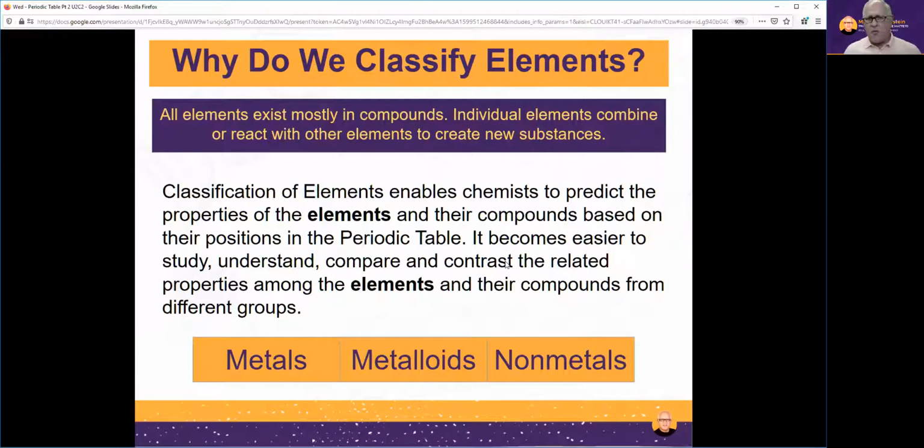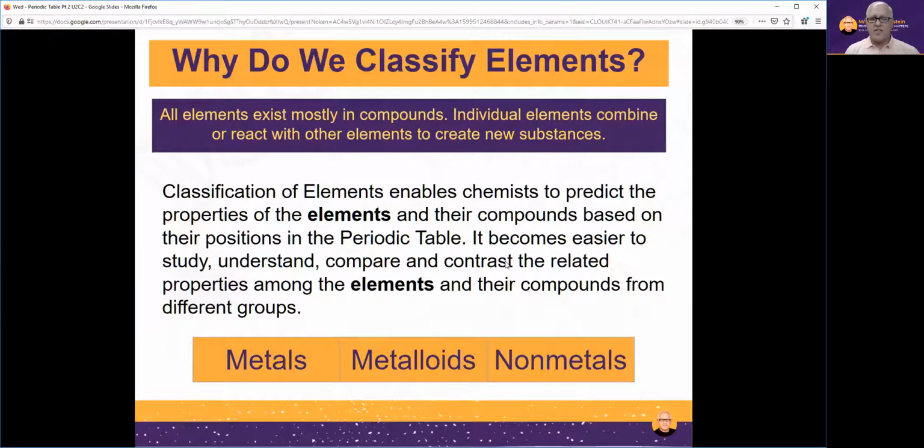So first, why do we have to classify elements? Well, all elements exist mostly in compounds, and individual elements combine or react with other elements to create new substances. Most everything you find out in the world is already put together in a compound.